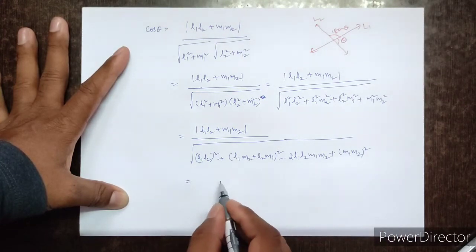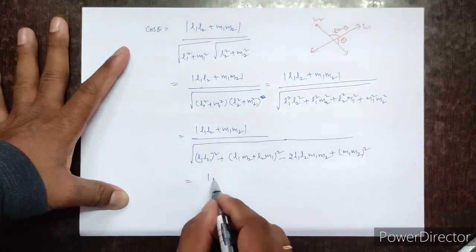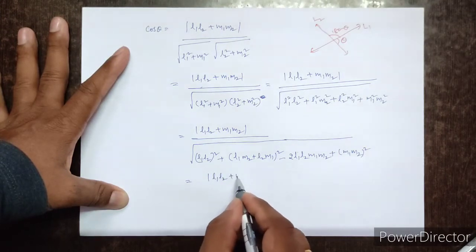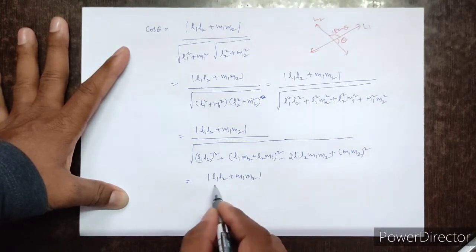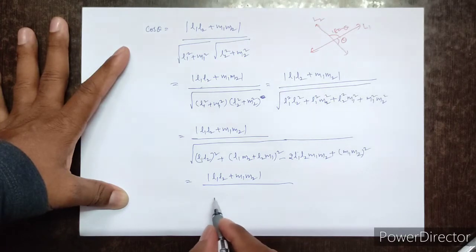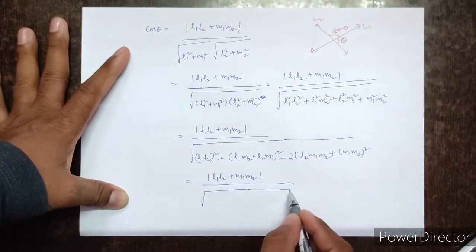So cos theta equals modulus of l1 l2 plus m1 m2 over the root of this.